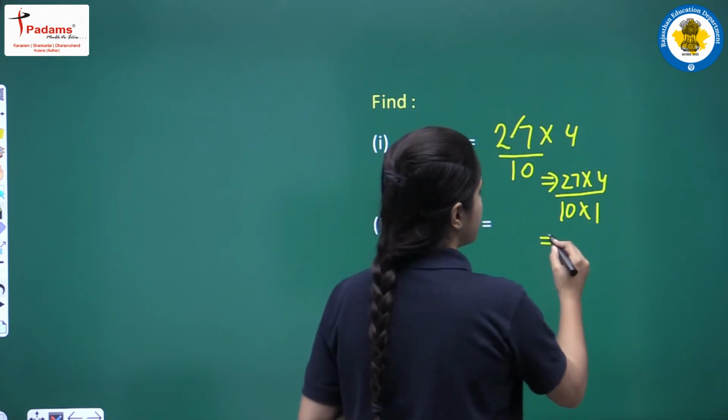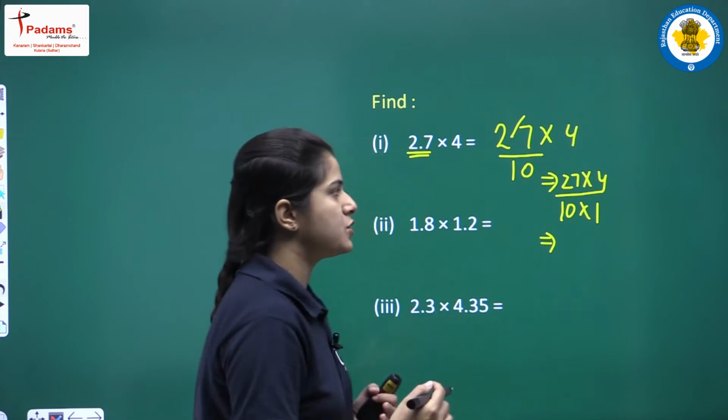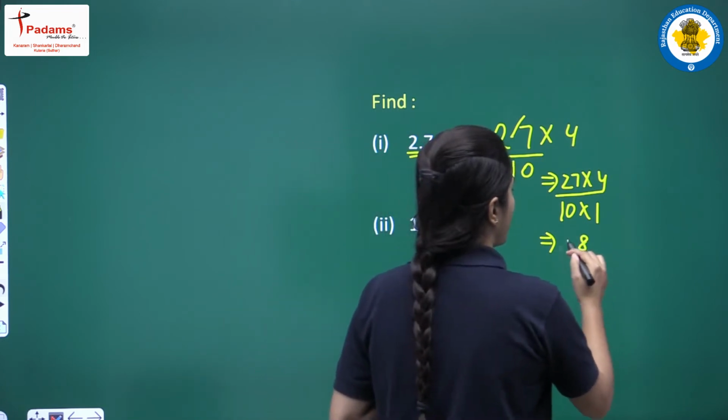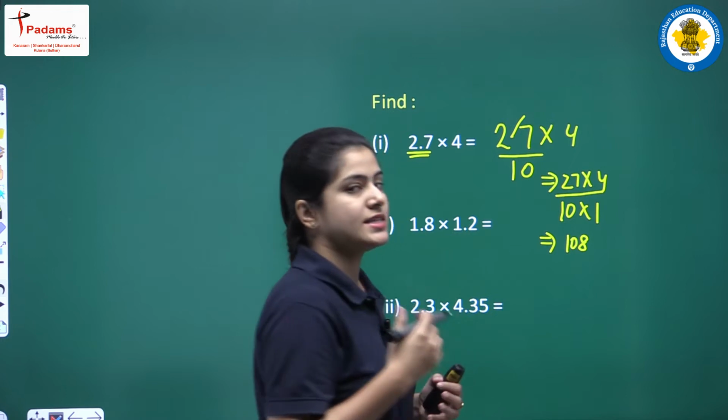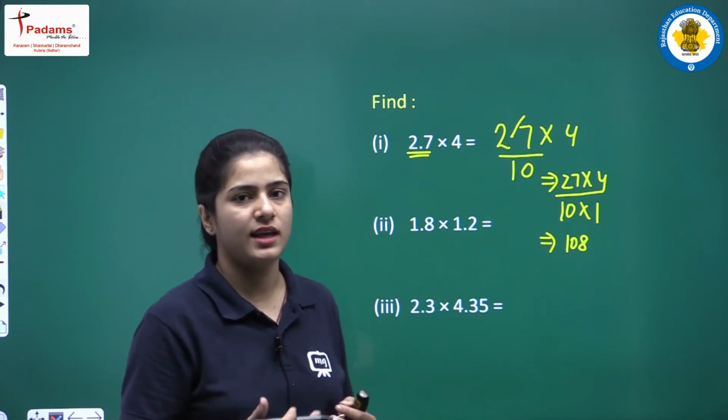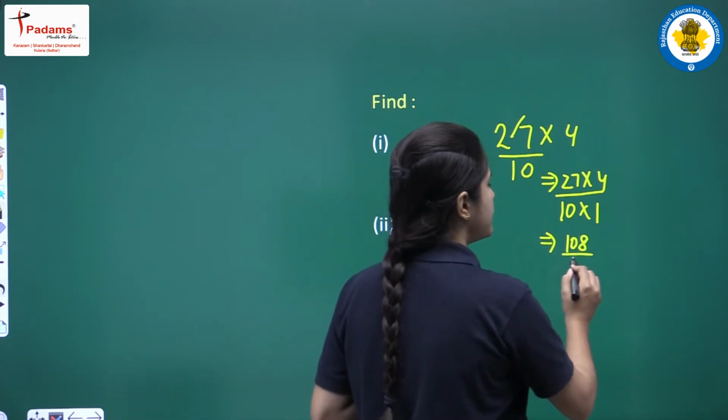So what is 27 into 4? 27 into 4 is equal to 108. And what is 10 into 1? That is 10.